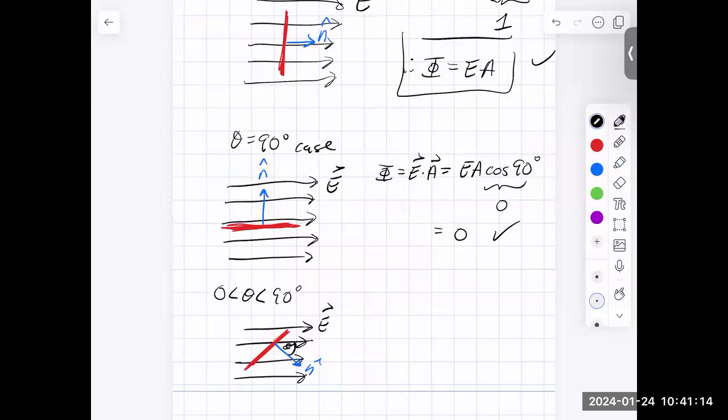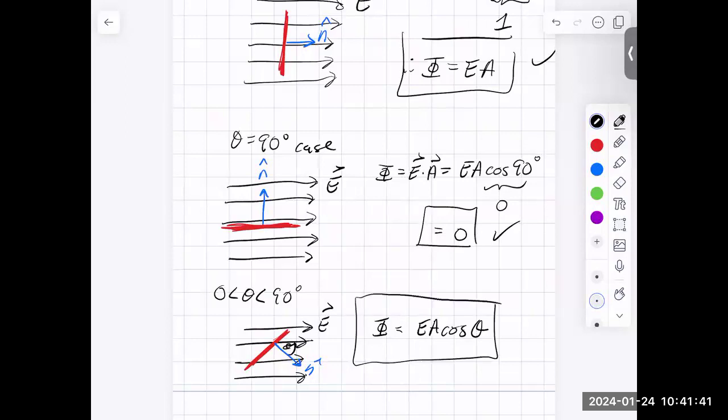And now the flux is just going to be EA cos theta, and you'd have to just put in whatever the value of theta is. If it's 45 degrees, cos of 45 degrees would be 1/√2. And so this is going to be a result that's between the maximum of E times A and the minimum of 0. Okay, good.